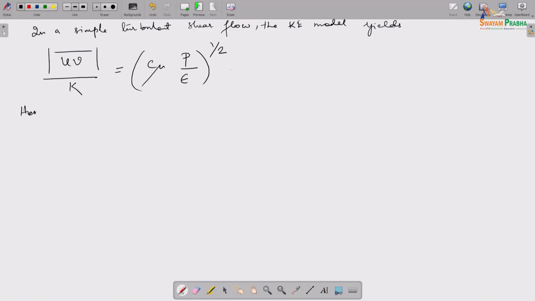Okay. Now, one more case is that if I have homogeneous turbulence, right, what does this mean? This means that the convective change, homogeneous turbulence, the turbulence is not changing in any direction.